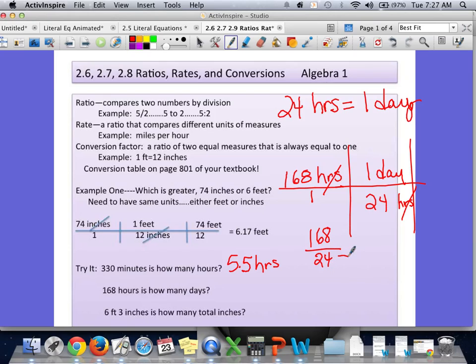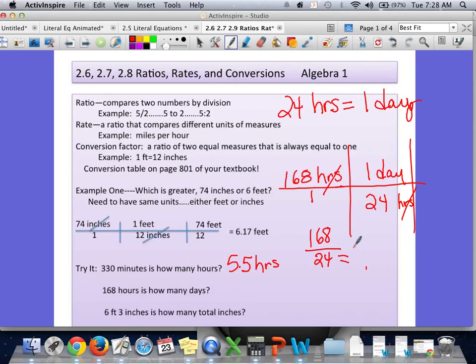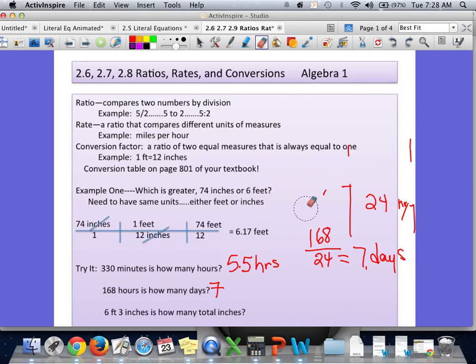That's going to equal the number of days. So 168 divided by 24 gives you 7 days. That'll be 7. Now let's clear off this mess so we can do the next one.